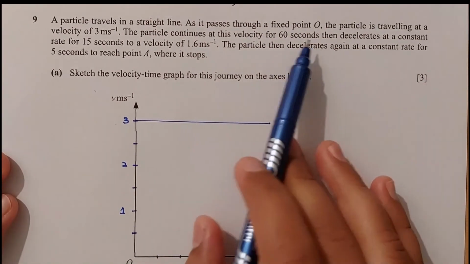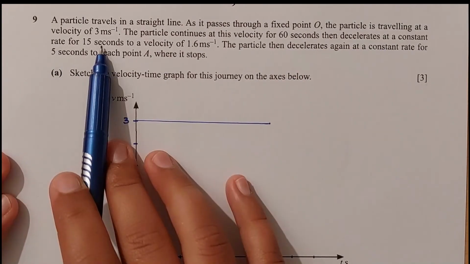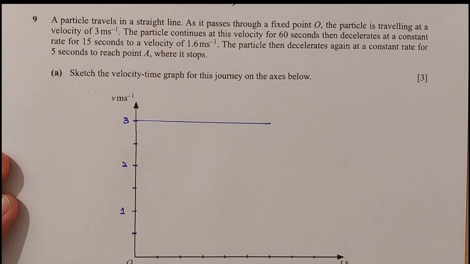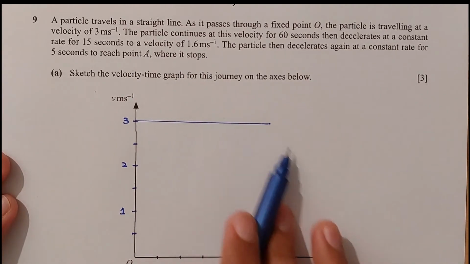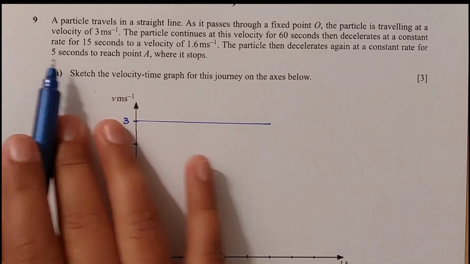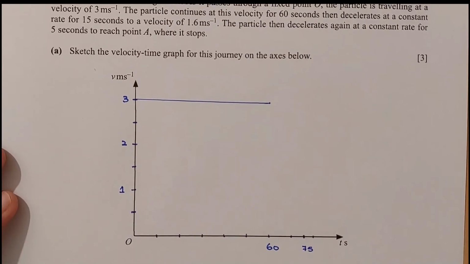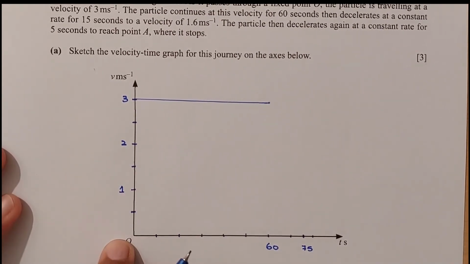Now the next is it then decelerates at a constant rate for 15 seconds to a velocity of 1.6 meter per second. Now decelerate, right? At a constant rate, it decelerates for 15 seconds. So 60, 70, 75. Next 15 seconds, right, at 75, and the velocity is 1.6.